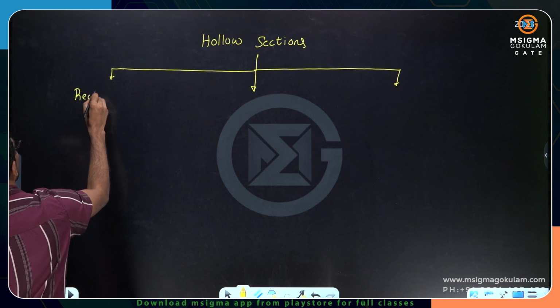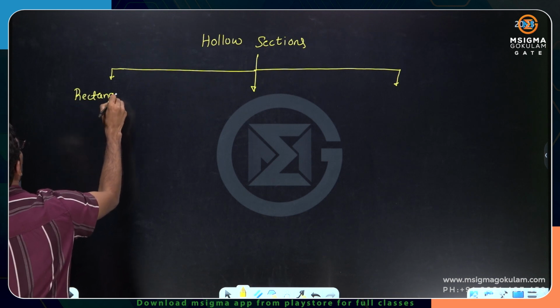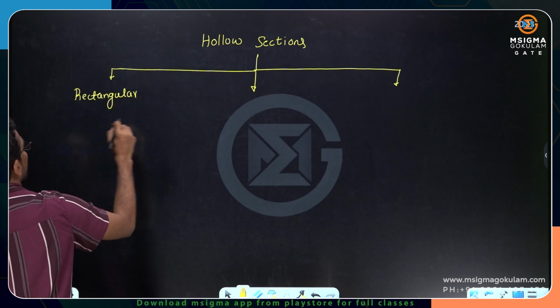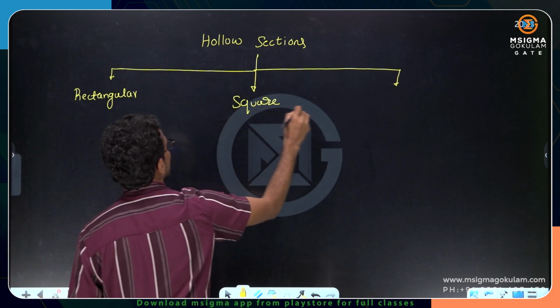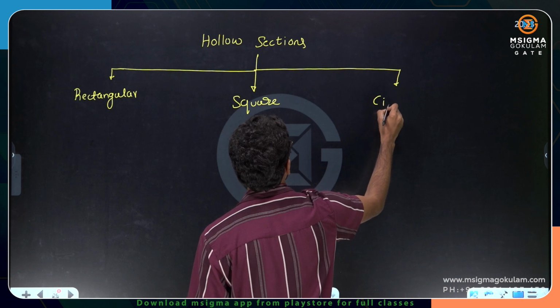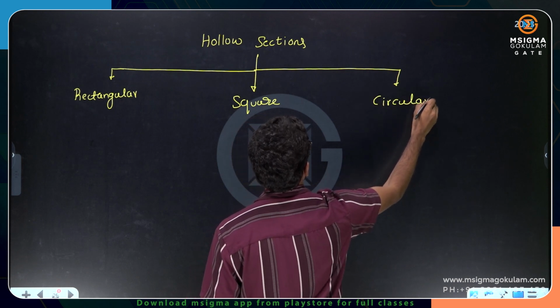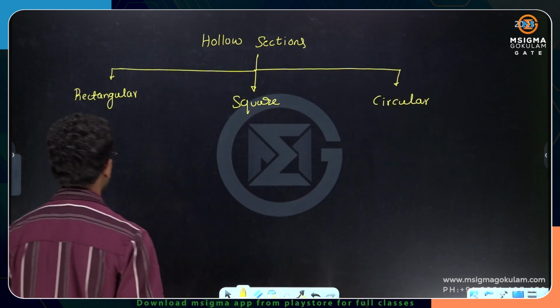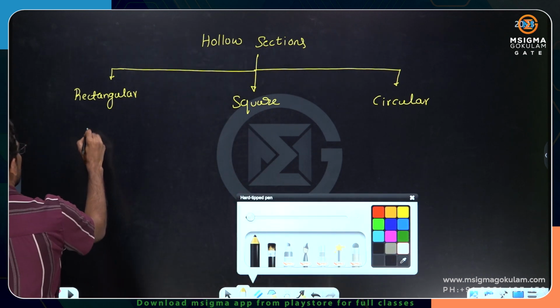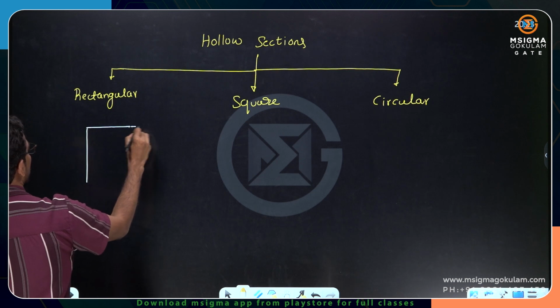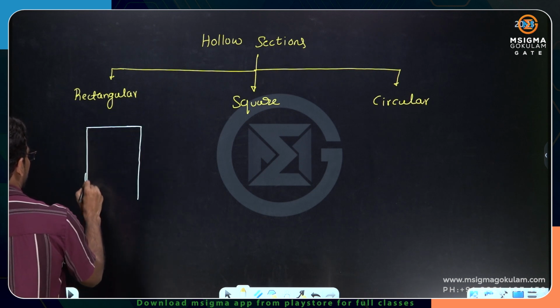One is the rectangular hollow sections. The second one is square hollow sections. The third one is circular hollow section. So rectangular hollow section, let's say this is what rectangular hollow section is. See, this is how it is.